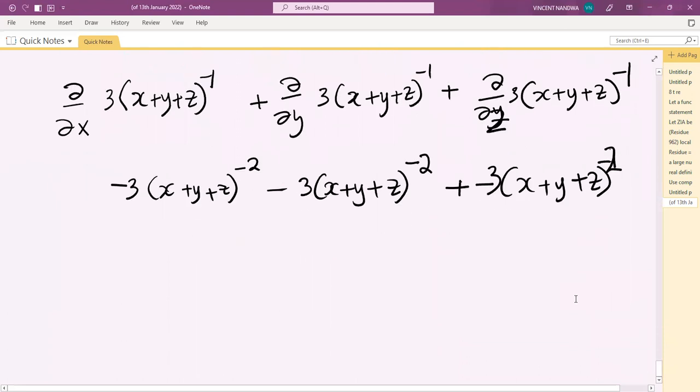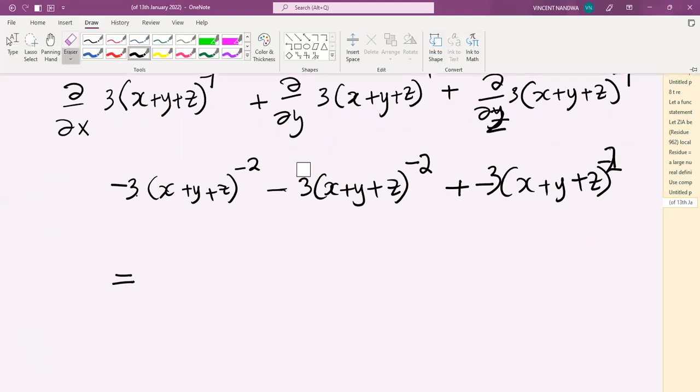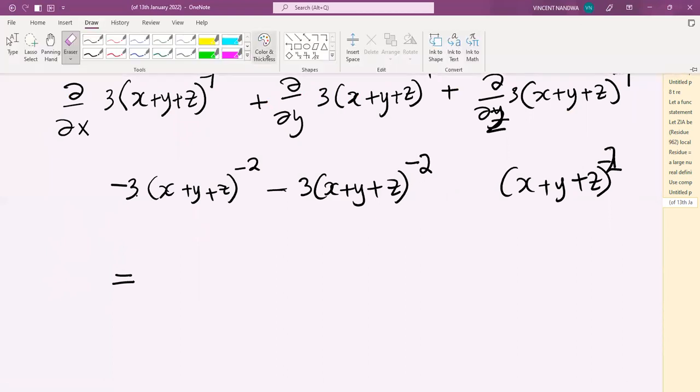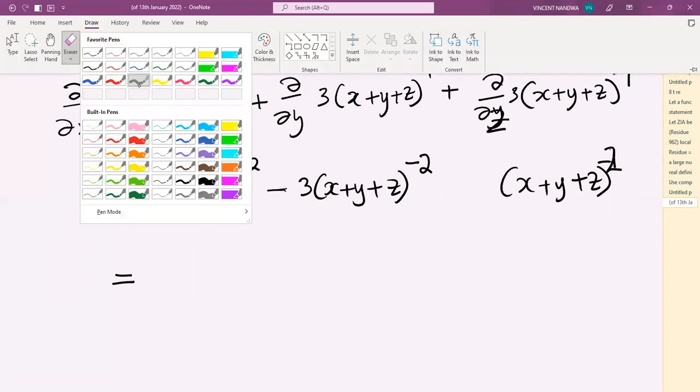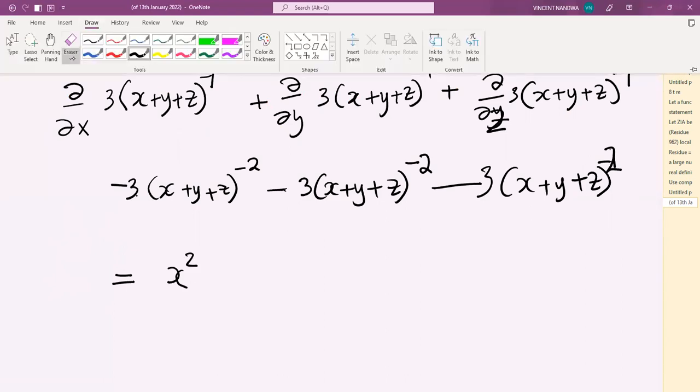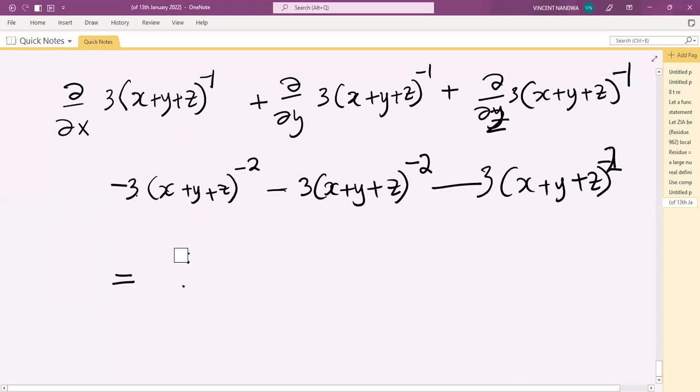So remember what we are using here is the chain rule. Actually, there's no need of factoring.